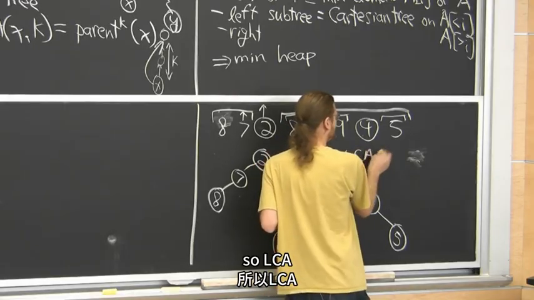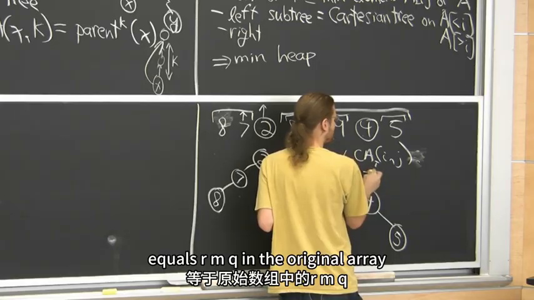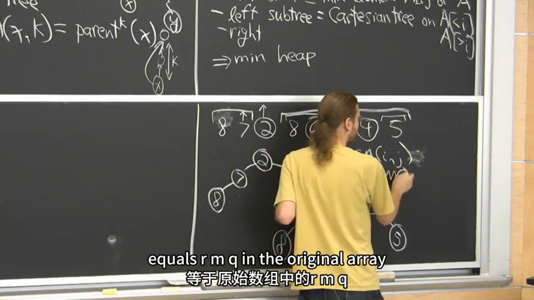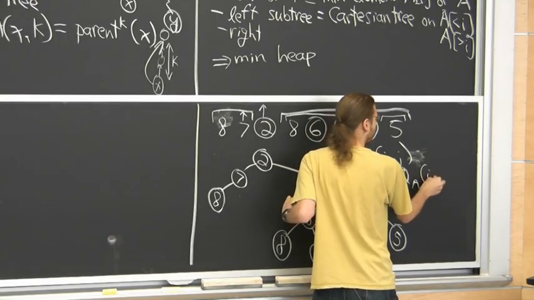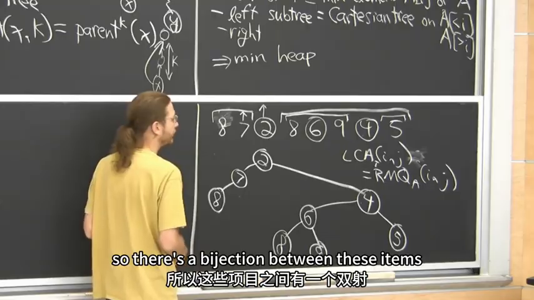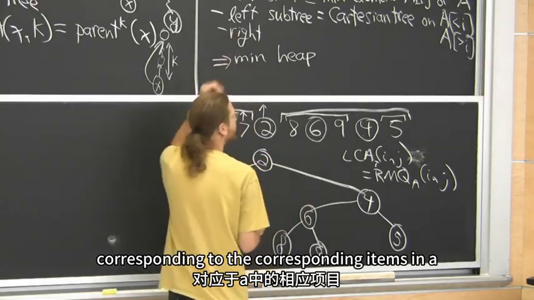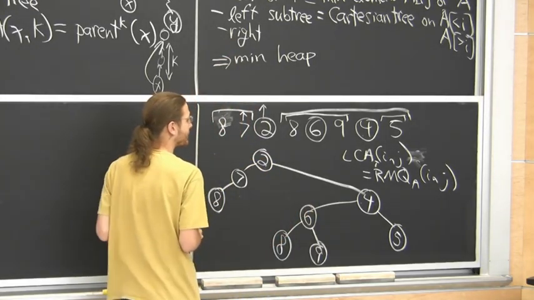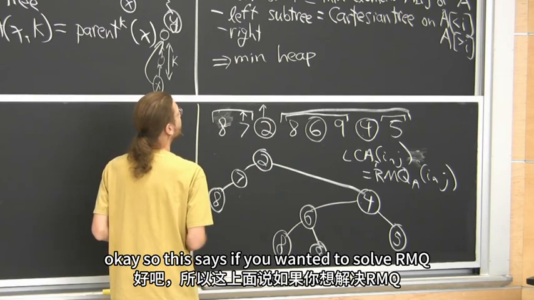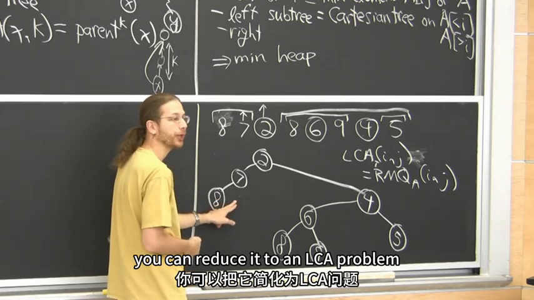So LCA of i and j in this tree T equals RMQ in the original array of the corresponding elements. So there's a bijection between these items, and so i and j here represent nodes in here corresponding to the corresponding items in A. Okay, so this says if you wanted to solve RMQ, you can reduce it to an LCA problem.